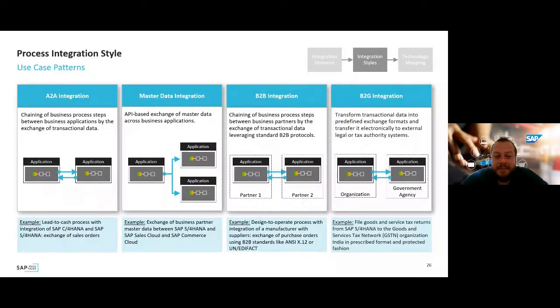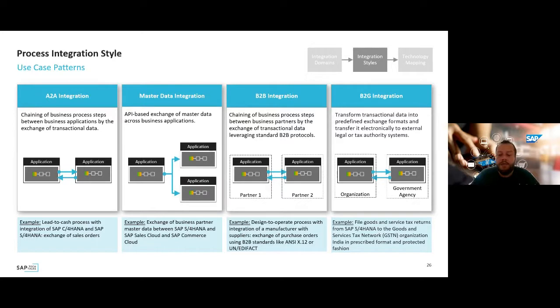Here is one example of use case patterns for process integration. We have application to application, so basically two applications exchange information. You can have, for example, master data integration, where you need to replicate your data across multiple applications.